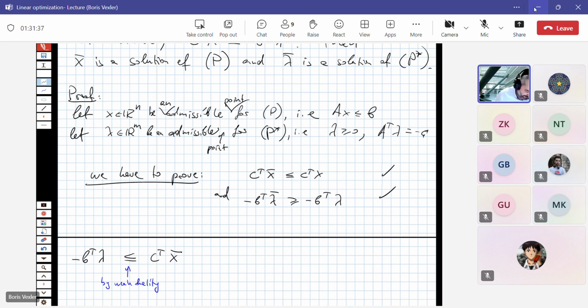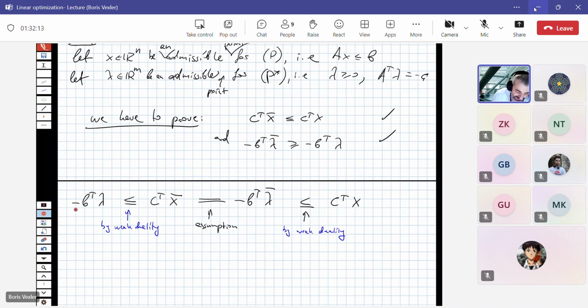Now, by our assumption, this is equal to minus B transpose lambda bar. But again, by weak duality, this is less or equal than C transpose X. Again, we have one admissible point for the dual one and one admissible point for the primal one. And here we have all what we want to have.